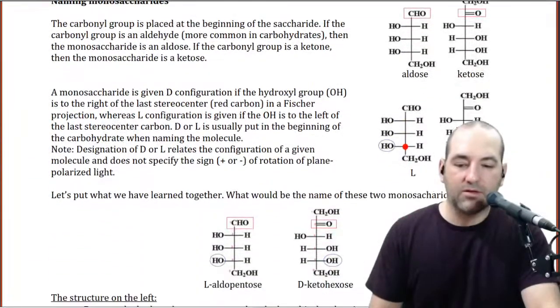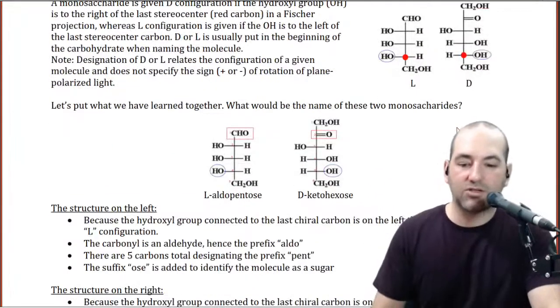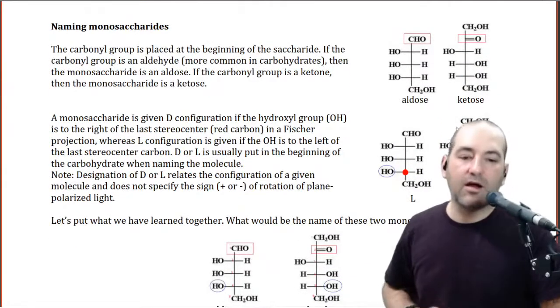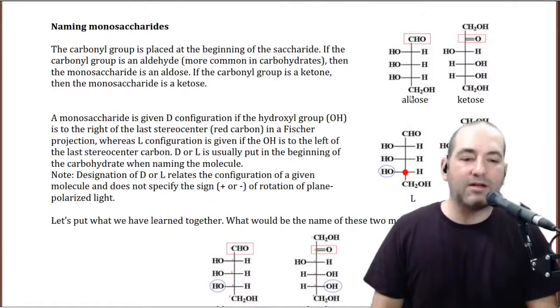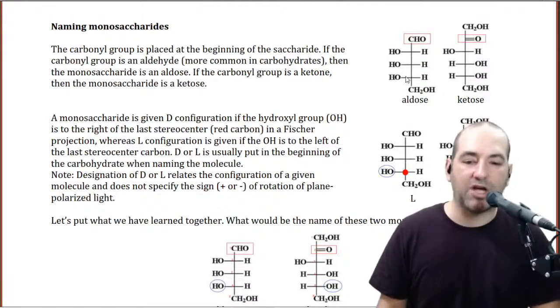All right, so here's a way that you often see structures of carbohydrates drawn, kind of above my head here. It kind of looks similar, but it's a special way of writing structures called a Fischer projection.